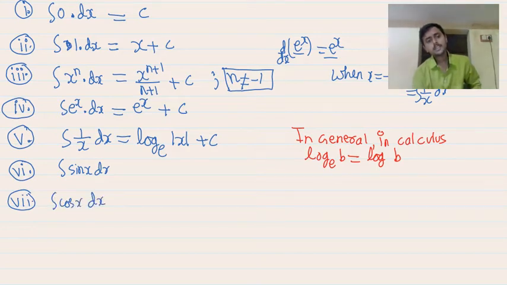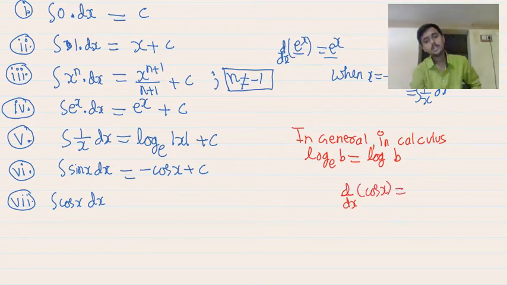So integration of sin x would give minus cos x plus c. The reason is derivative of cos x, d/dx of cos x, used to give us a minus sin x. So d/dx of minus cos x will give us sin x.